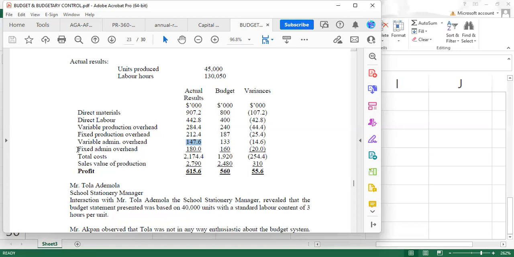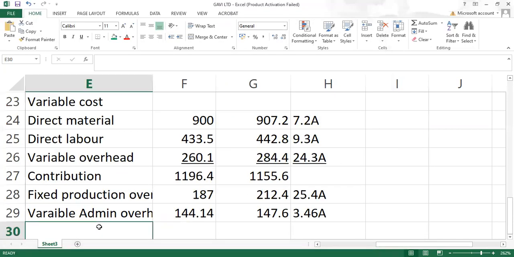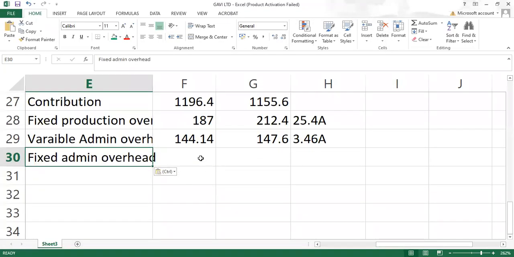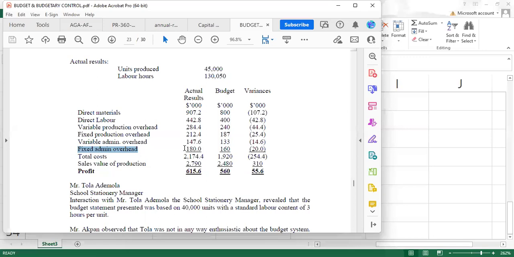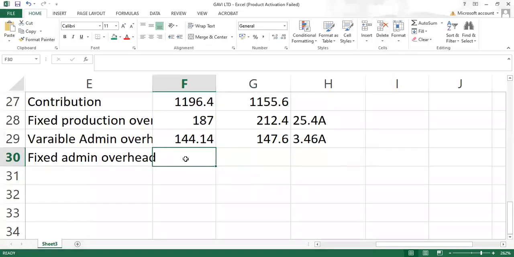So the next one is fixed admin overhead, isn't it? What are we going to do? What is the actual? 180, isn't it? So are we going to flex it?